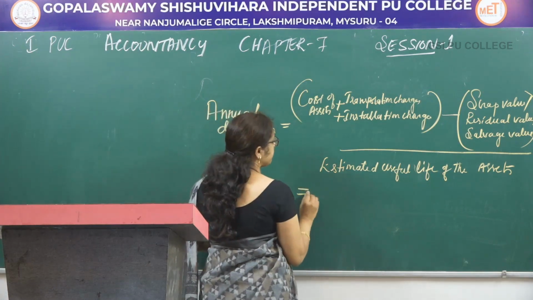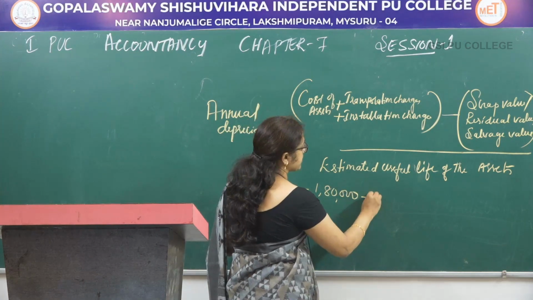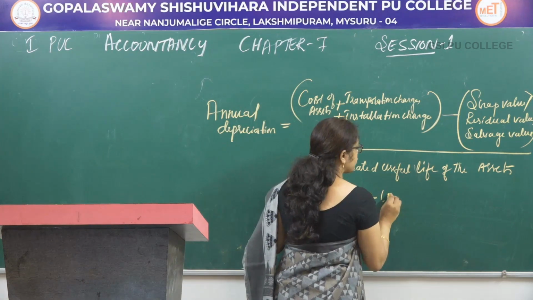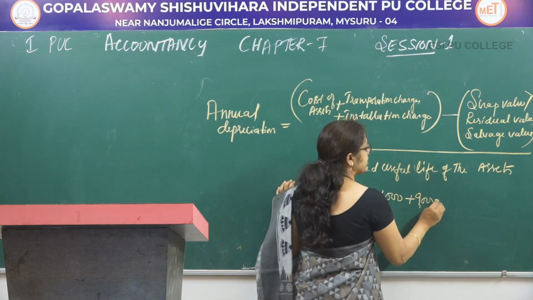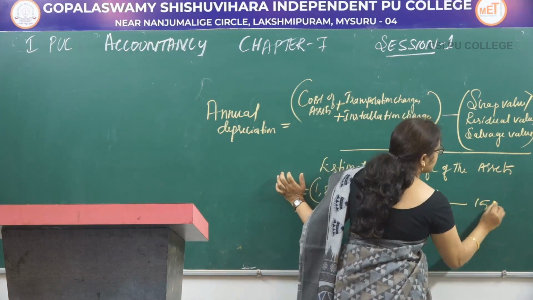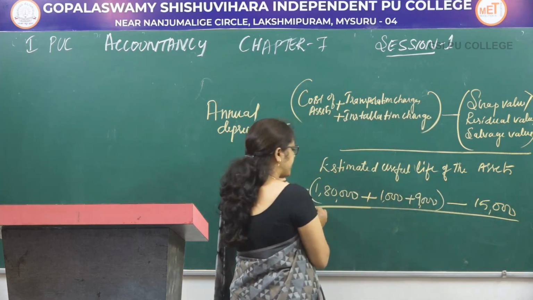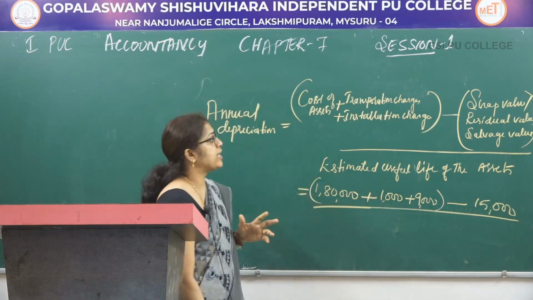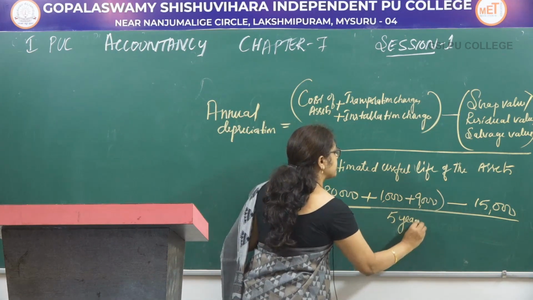Here the cost of the machine is 1,80,000 plus transportation charge 1,000 plus 9,000 installation charge minus 15,000 residual value, divided by estimated life of the asset, 5 years.